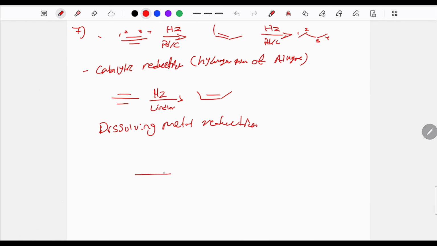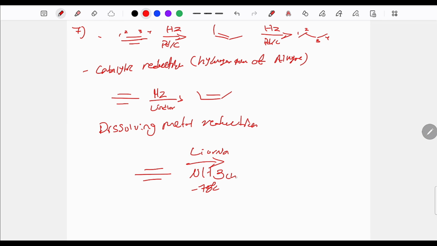Imagine we have again this internal alkyne. If I treat it with lithium and ammonia, I will get, and by the way, this ammonia is at minus 78 degrees Celsius. You could use lithium or sodium in this reaction.